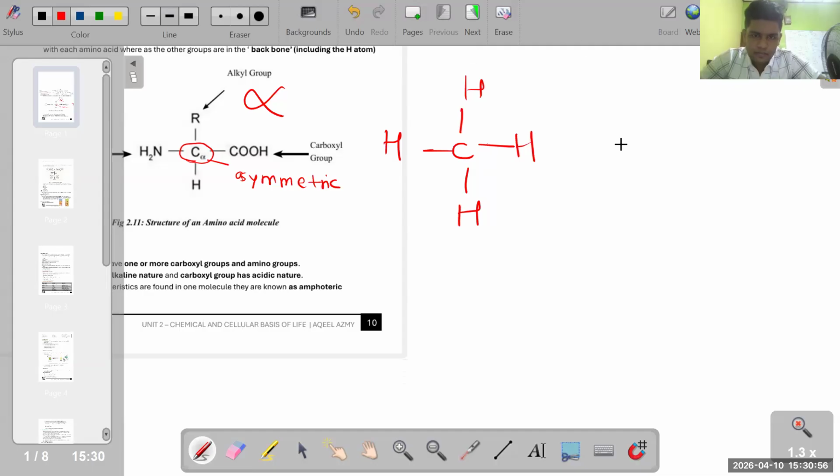If you can't understand, let me know, no issue. I won't be scolding anyone. No, this does not have an asymmetric carbon. Why? What is the reason? Because the same groups are attached, and the same groups cannot be present. Right? Okay.